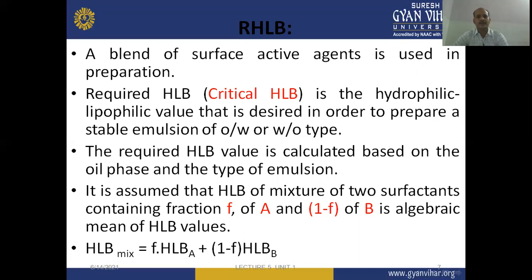The formula for this type of emulsion is HLB mix equal to F times HLB A plus 1 minus F times HLB B, where this is the HLB of a mixture of two surfactants containing fraction F of compound A and 1 minus F of B. So we can determine the required HLB or relative HLB values for different preparations or different surface active agents in blending or mixing also. So this is all about the hydrophilic lipophilic balance value.